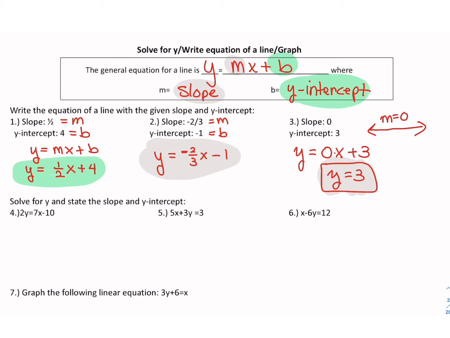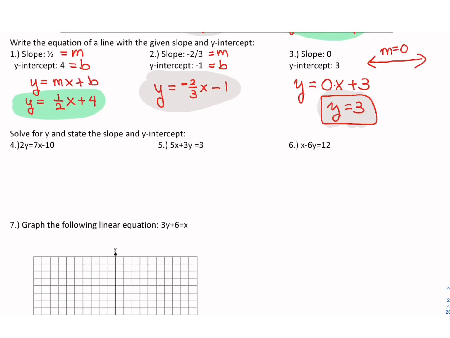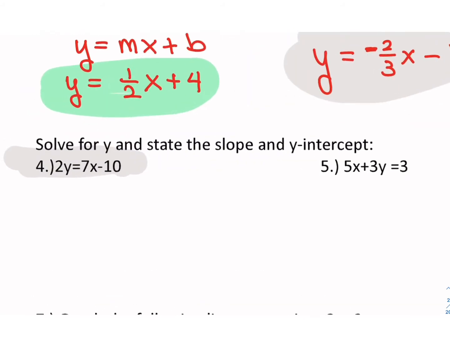Solve for y and state the slope and y-intercept. 2y equals 7x minus 10. So to solve for y, the first thing we're going to do is divide both sides by 2. On the left-hand side, the 2's will cancel to equal 1, so we'll have 1y.